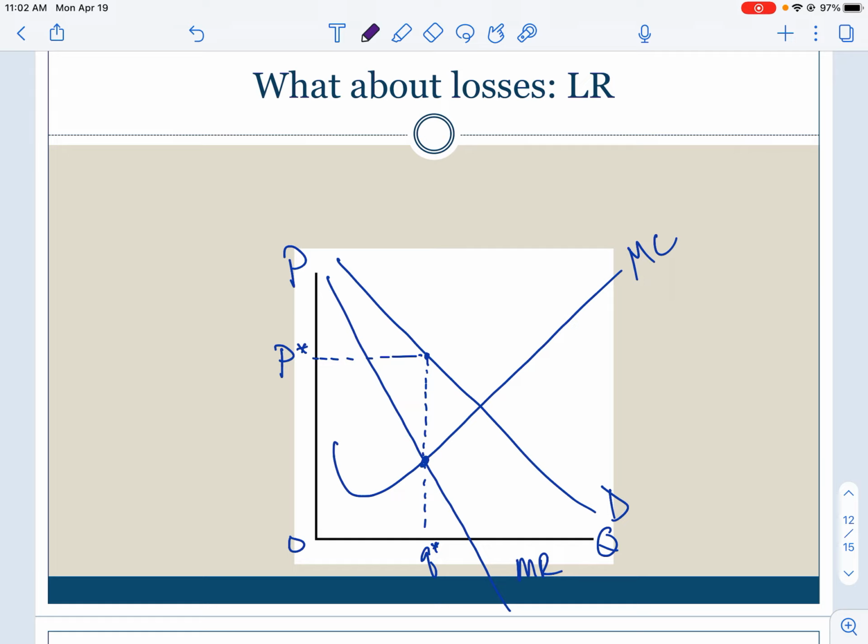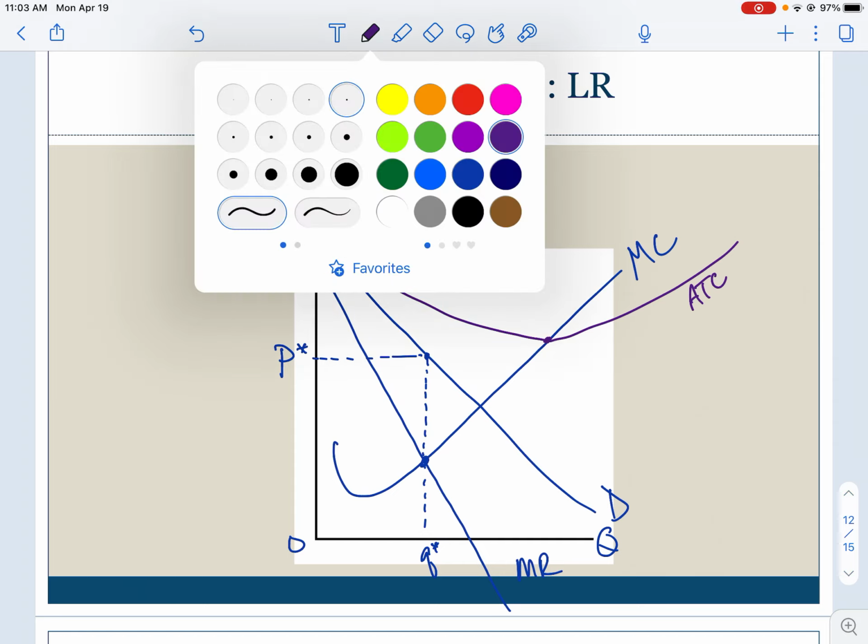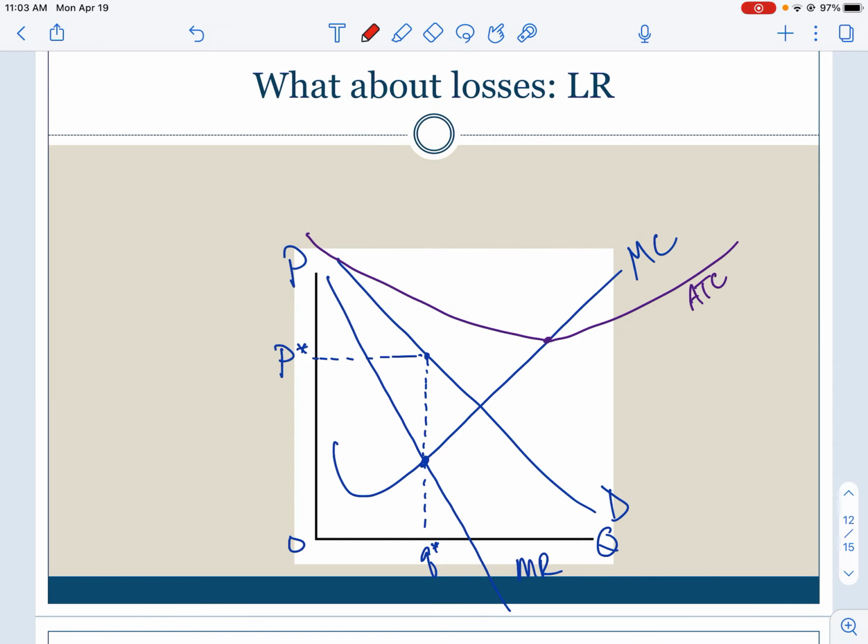Now, because we're talking about losses, I'm going to try to draw the average total cost curve in such a way that this firm is not earning a profit. So here's an average total cost curve. It hits its minimum where marginal cost goes through it, right? Because marginal always drags the average along. And now we have the information to see that at Q star, if this is P star, the price I sell it for, but on average each unit costs me that much, then I'm losing this much money.